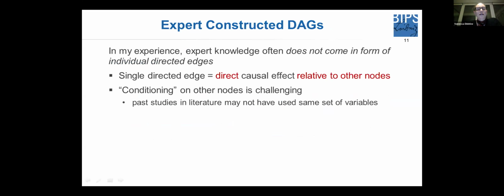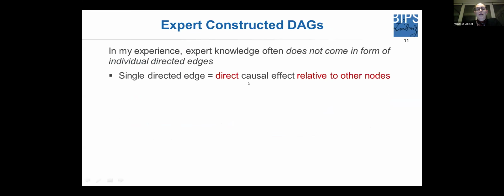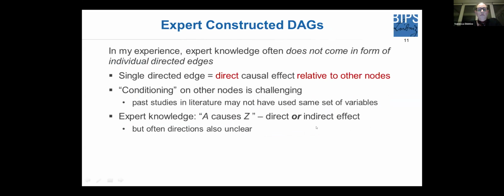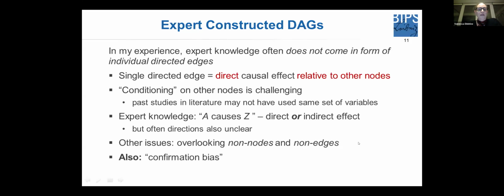I think they find it difficult to think about edges because they are direct causal effects relative to the other nodes. And that's always a difficult operation for experts to do. They need a lot of eliciting here. And the other problem is that we need to think about the nodes that are not there and the edges that are not there, which is also difficult usually in communicating with experts.